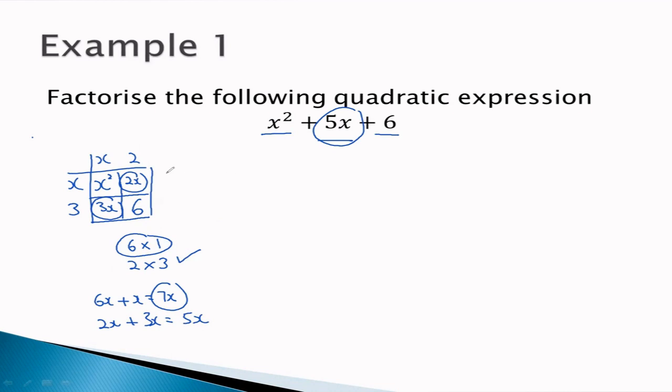So now, how do I present my answer? This way and this way. So I'll get x plus 2 and x plus 3. And that is my answer. Okay. So let's move on to example 2.